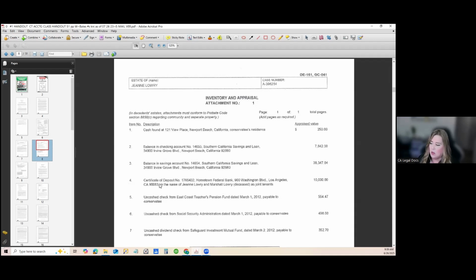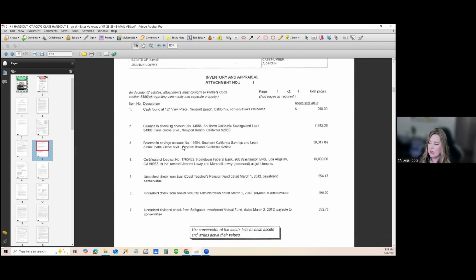I see bonds a whole lot more than CDs. But if you do have CDs, I don't put this detail either. I don't put the bank, what's in the name, is it joint tenants? I just put the CD number, and I don't even put the full number, but I do put the amount.